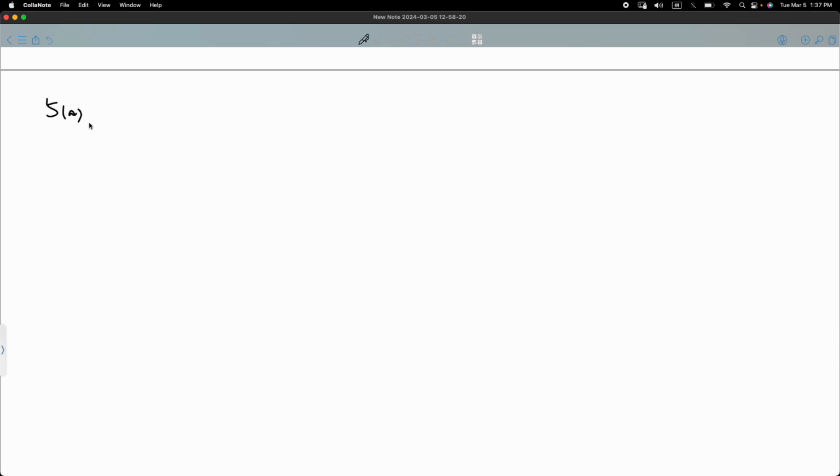So 5a. So X1 to Xn follow, IID, normal, mu, and sigma. And then the PDF for X1 to Xn with parameter mu and sigma square is just the product of the normal, because they're IID.